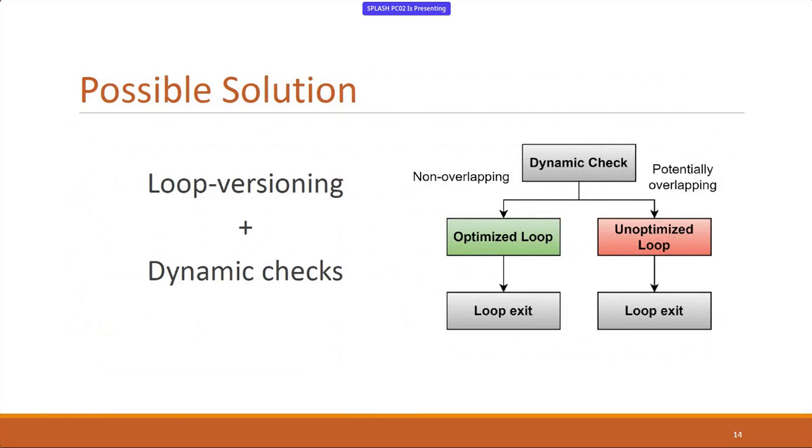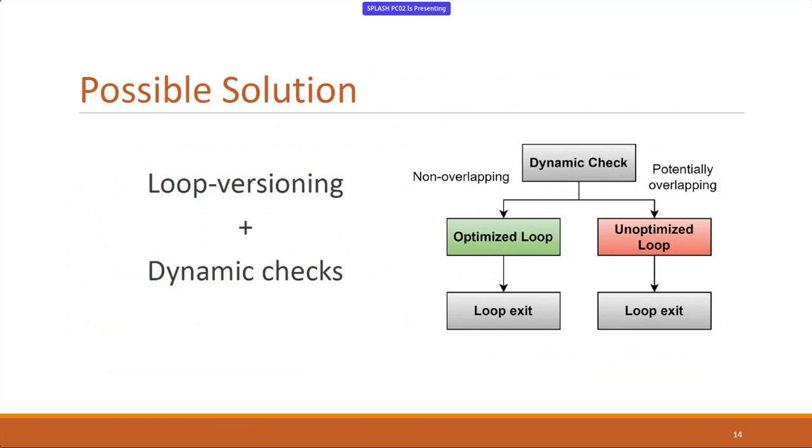So to deal with this imprecision, some of the prior works suggest one possible solution: to improve the precision at the granularity of loops while maintaining scalability. Generally, most of the time of a program is spent in loops. Therefore, there are high chances of getting some benefits.